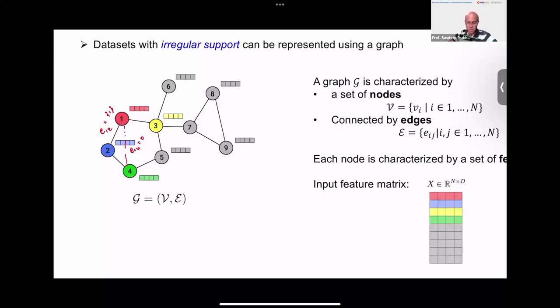In addition, what we also typically get is not just the graph, but also a d-dimensional feature vector associated with each node. Now this feature matrix is of size n times d, where n is the number of nodes and d is the number of features per node.